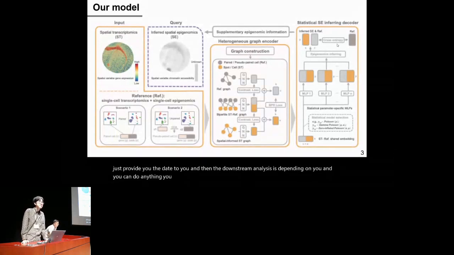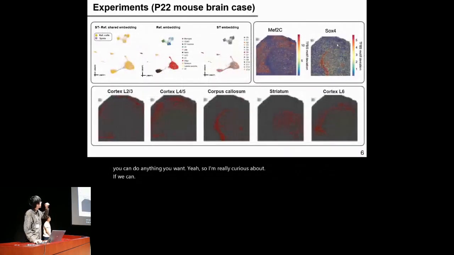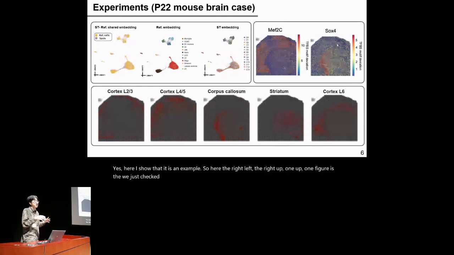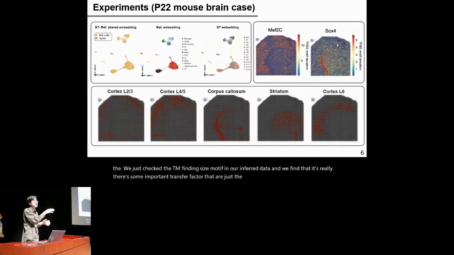Yeah, so I'm really curious about if we can. Yes, here I show an example. In the upper right figure, we checked the TF binding site motifs in our inferred data, and we find that some important transcription factors have motifs enriched in some specific regions.